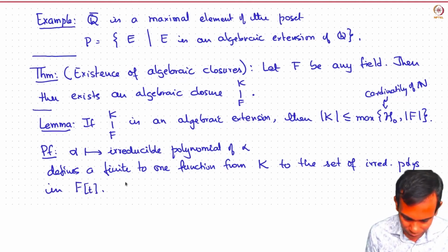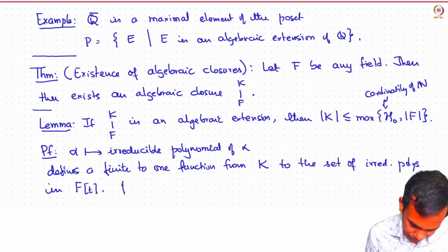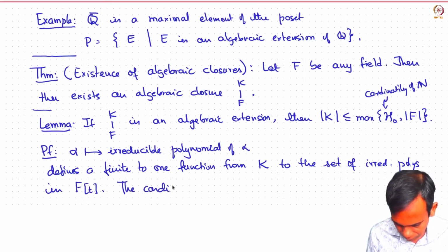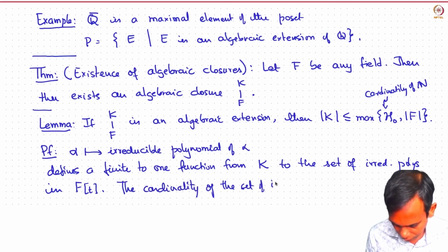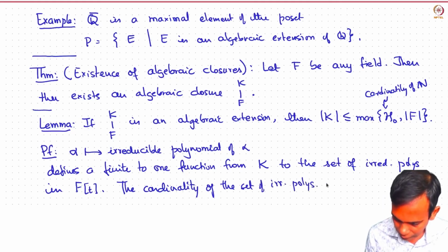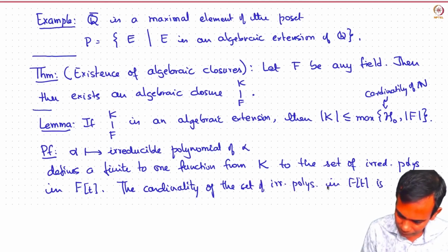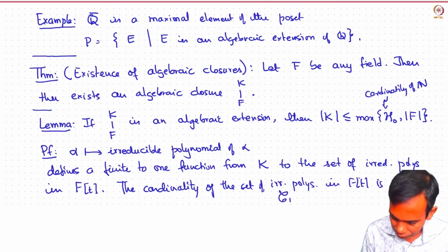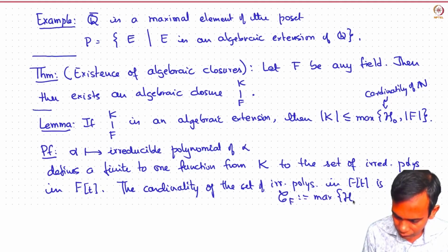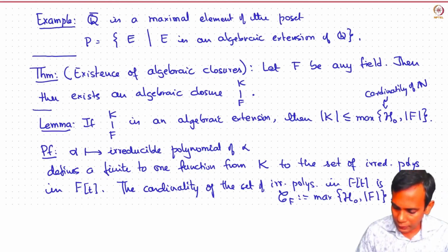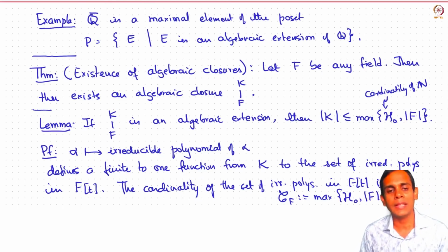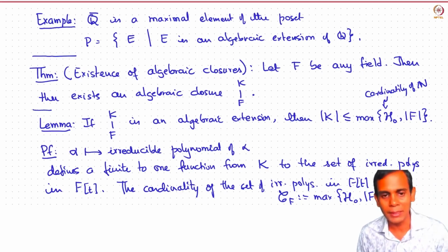And the cardinality of the set of irreducible polynomials in F[t], you can show quite easily, is this number here. I'll call it CF, the maximum of Aleph naught and the cardinality of F. So I won't give you all the details of this, just think through it. In any case, we'll just use the statement.